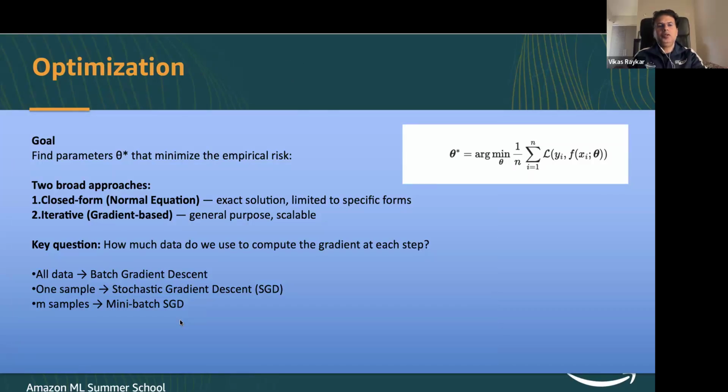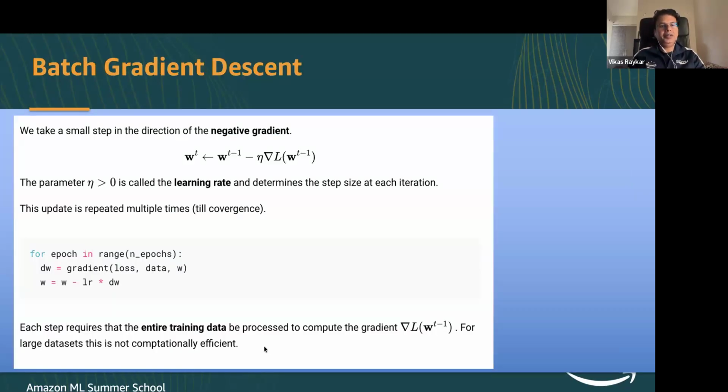So we'll start with the first one, the standard batch gradient descent. The core idea of gradient descent is that you iteratively update your parameters. You start off with some point, where W(t-1) is your previous vector, and you take a small step in the direction of the negative gradient.